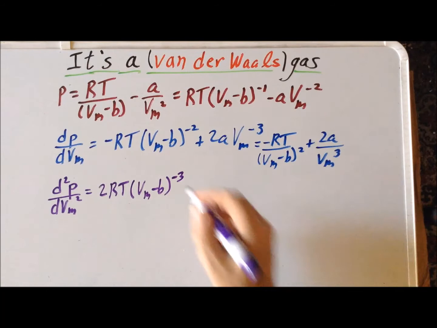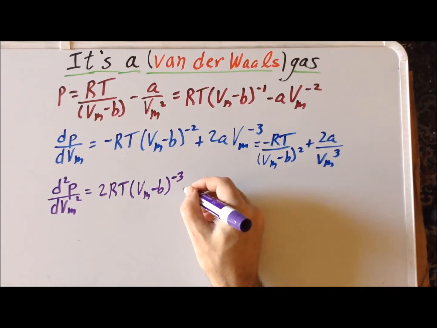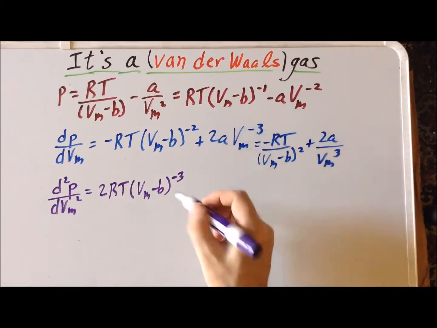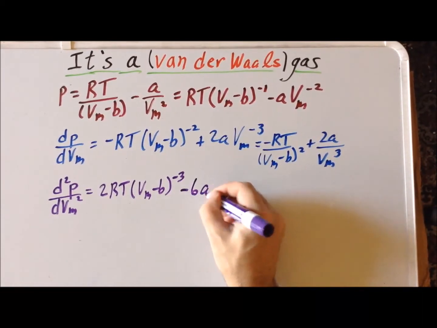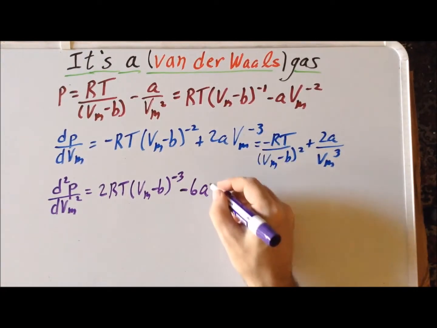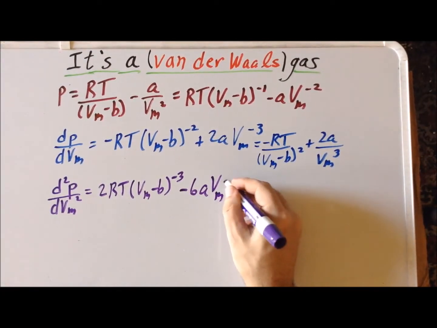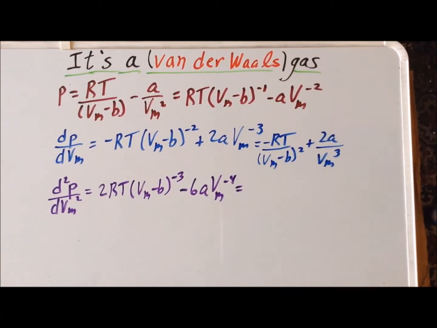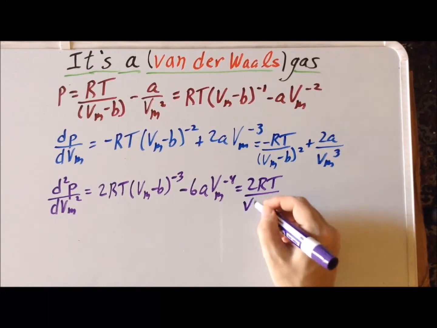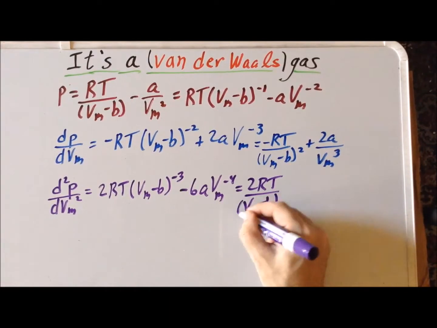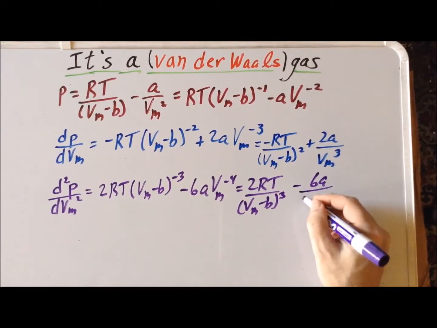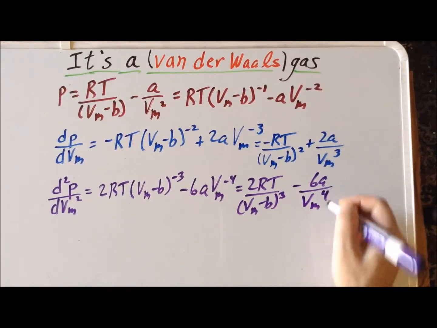I'm leaving out the 1 just to save a little space. And then we have minus 3 times plus 2 gives us minus 6a, and remember we decrease the exponent by 1, so minus 3 becomes minus 4. This can be written more conventionally as 2RT over the quantity V sub m minus b cubed, minus 6a divided by the molar volume to the fourth power.